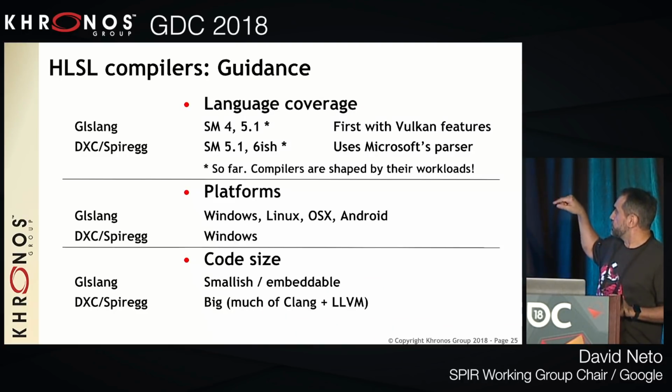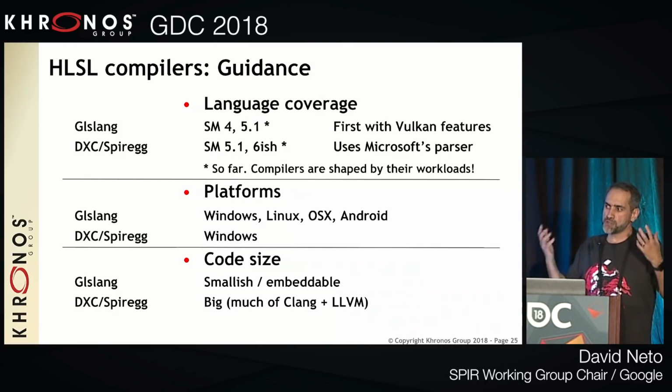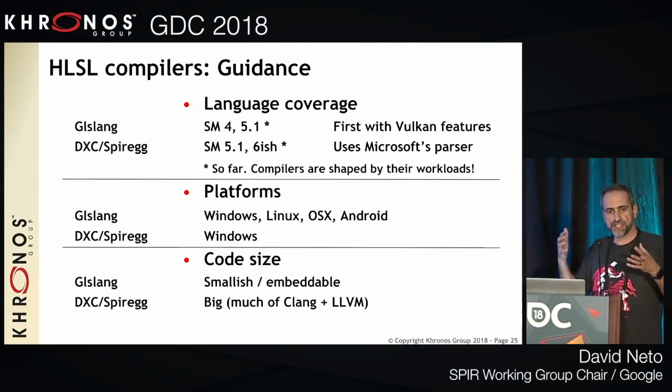Now, new features will land on GLSlang first, but with something like subgroups, my team knew it was going to be really important, so we got the public spec and implemented subgroups within a couple of days. As long as there's a feature which is going to map to Vulkan, we're going to have both compilers tracking that feature set pretty well.